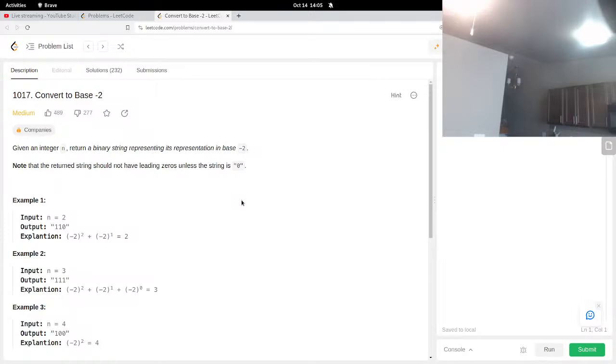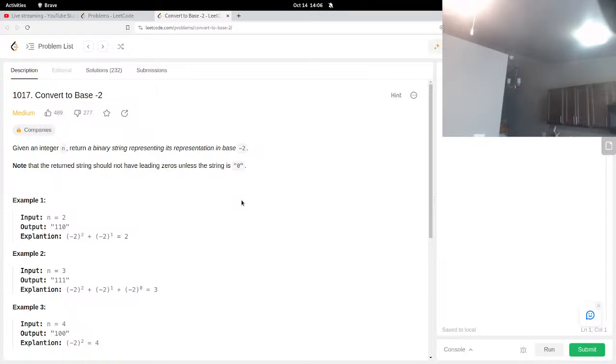What about something a little more complicated, like 7. So now you have 2 to the 0 can be negative 2 to the 0th. 2 to the first can be negative 2 to the first plus negative 2 squared. And 2 squared can be negative 2 squared. So now we have negative 2 squared plus negative 2 squared plus negative 2 to the first plus negative 2 to the 0th.